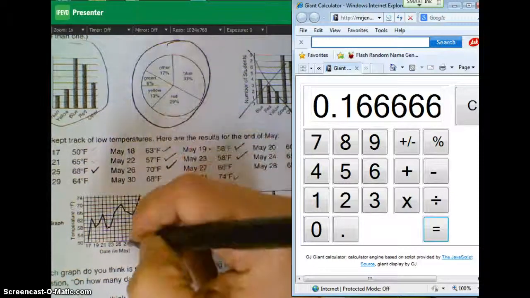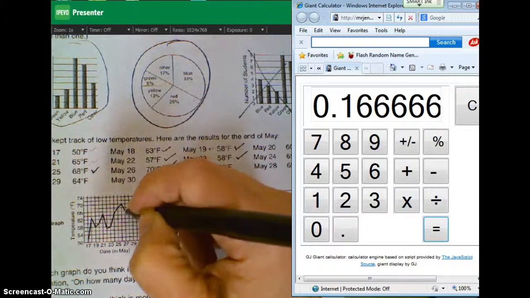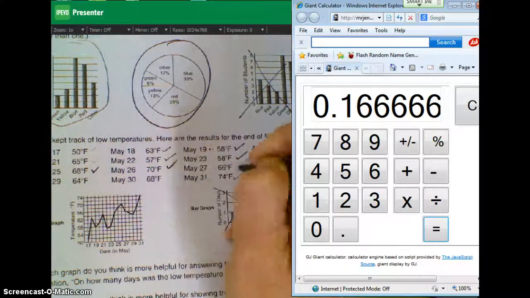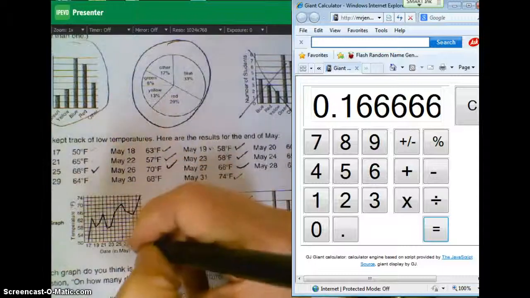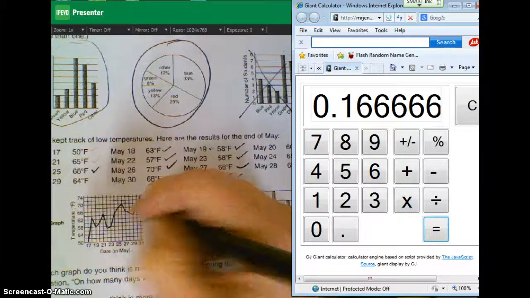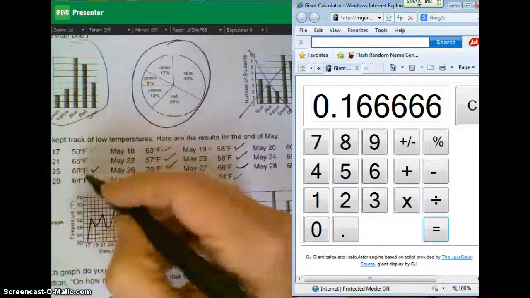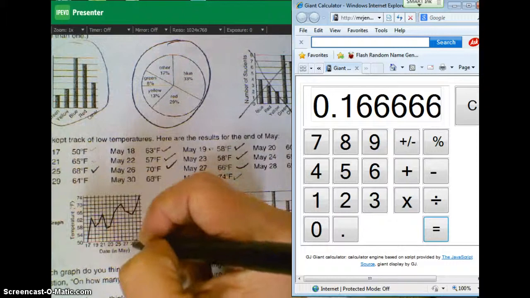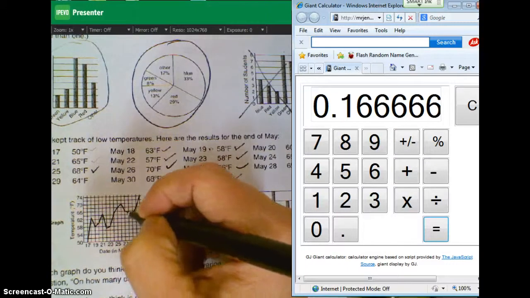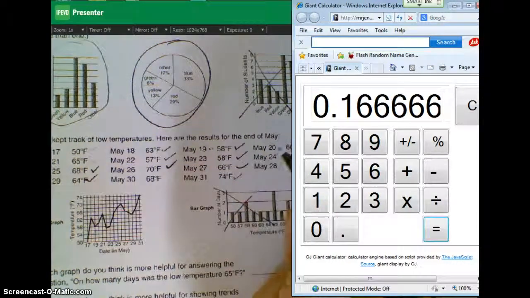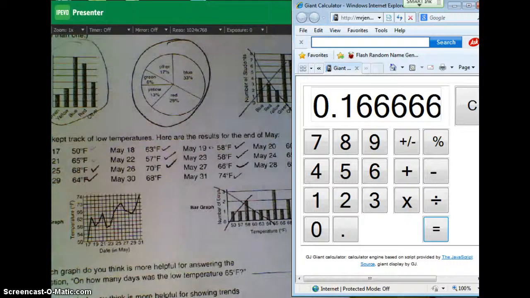All right. May 27th should be, this one says about 66 degrees. Yep. May 28th should be 65. Looks good. May 28th should be 64. All right. So all of that data is accurate.